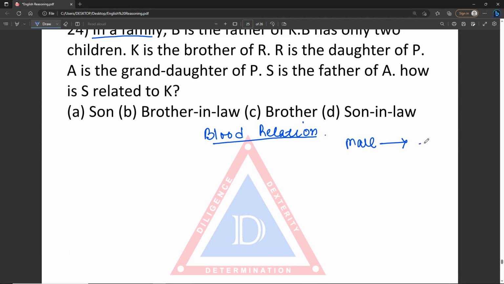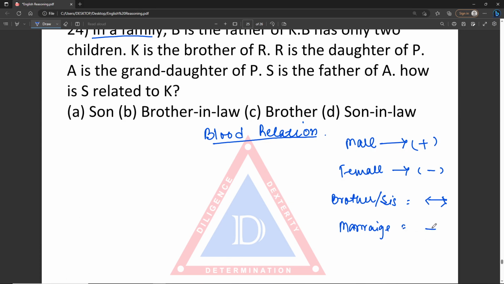I denote male as plus, female as minus, brother sister as symbol of arrows, and relation or the marriage I just denote with plus, no brackets. See, in male I denote as bracket, but in marriage I denote plus. You can do anything.